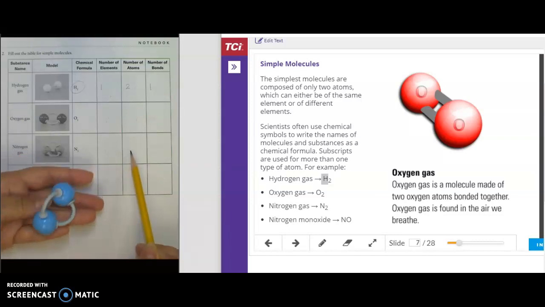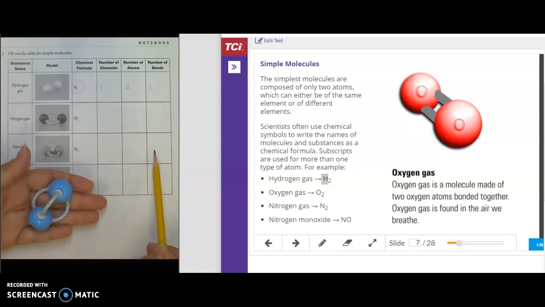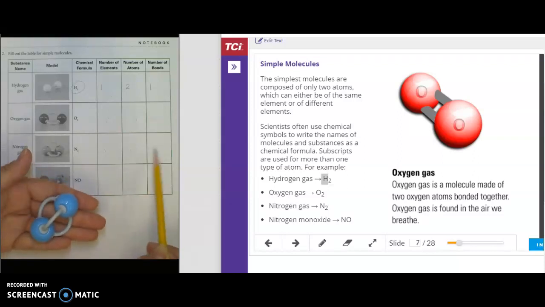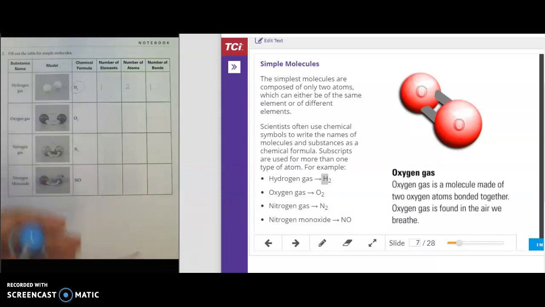How many total atoms? And then how many bonds? Remember, atoms are represented by the spheres. Bonds are represented by the sticks or those rods. Okay. If you need more time, go ahead and pause the video. I'm going to move on to the last molecule.